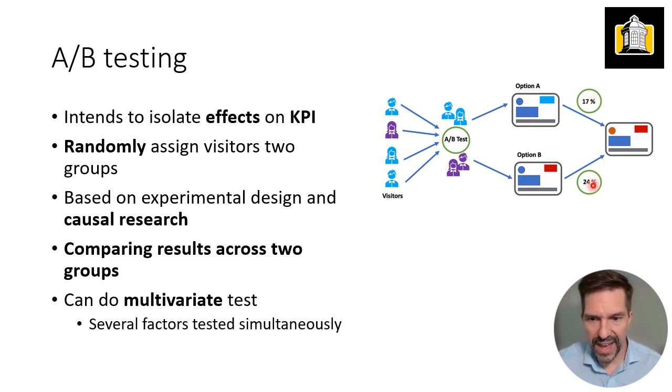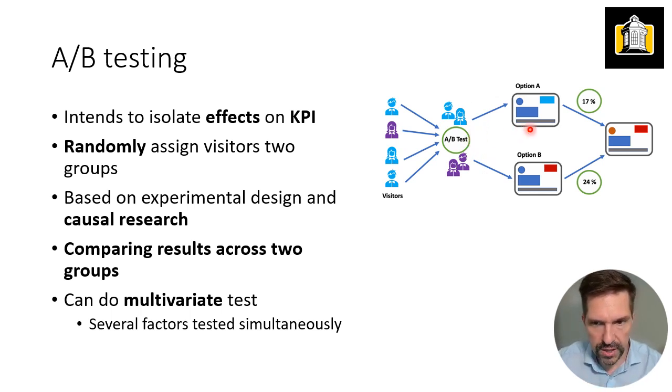If you observe any differences in the KPI of interest across these 2 groups, it has to be because of the image, because in every other way, everything else is the same. It's the same subject line, it's the same description, it's the same link, it's the same platform, and people are randomly assigned to minimize the chances that maybe the people that went here and the ones that went here are different. The way you do that is randomization.